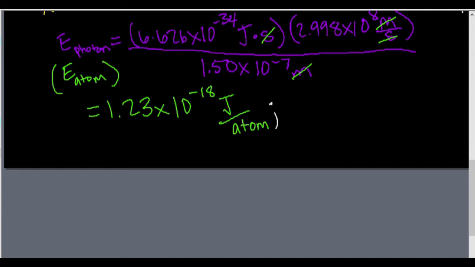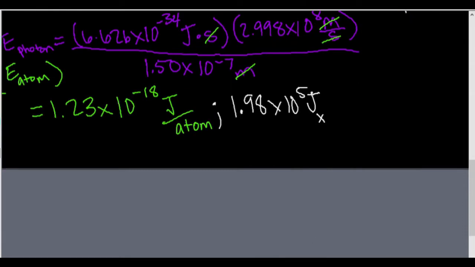So what we're going to do is take that number from up there, the overall energy, 1.98 times 10 to the 5 joules, and we're going to multiply that, or we're technically dividing, but just so we can stick with the unit canceling, we will multiply that by 1.23 times 10 to the negative 18 joules for every atom.